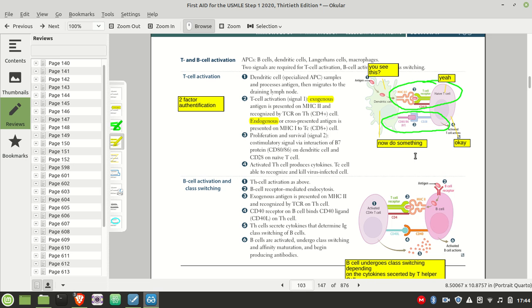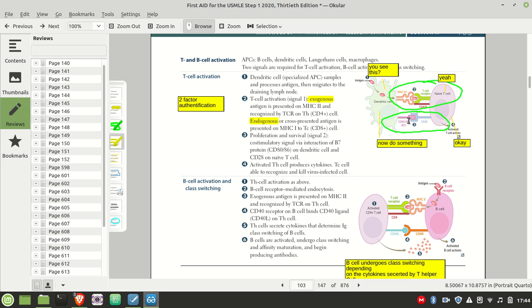Well, the first one, in this example, you have a dendritic cell taking something in and then presenting it to a T cell. And it's saying, hey, you see this? T cell's like, yeah. And now with CD86, it's saying, okay, well now do something about it.